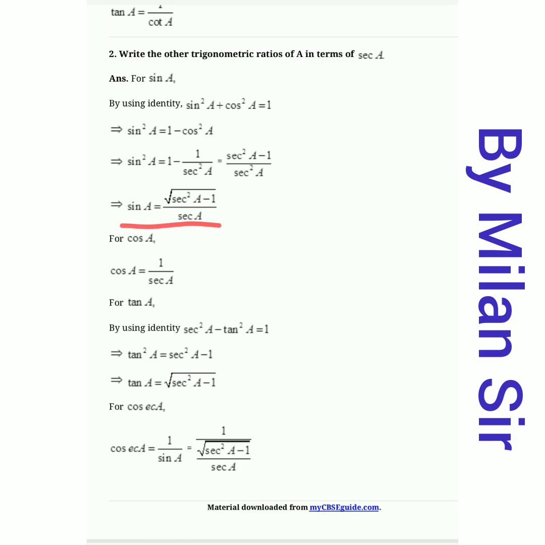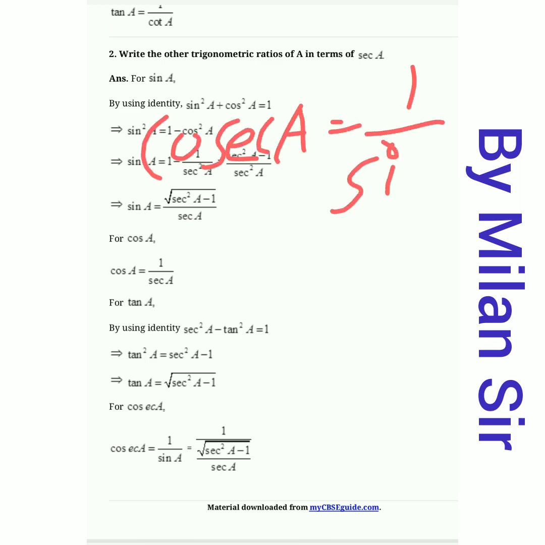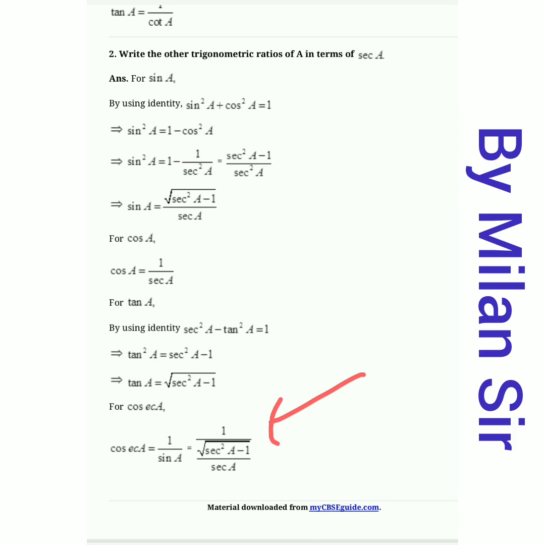So we can easily get cosec a, because cosec a is the inverse of sin a, right? So cosec a, we can write 1 upon sin a. So we can write like this, 1 upon the answer of sin a. Now the answer of sin a is here. Now what we need to do, we can directly write the answer, because if we change the numerator and denominator of sin a, we can get cosec a, right?